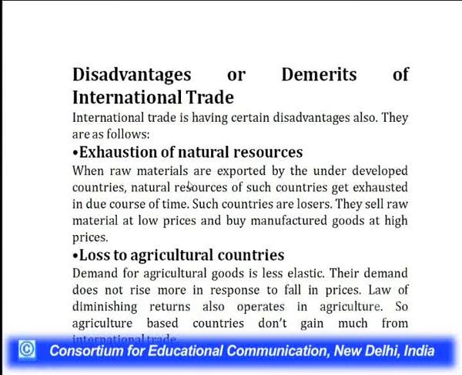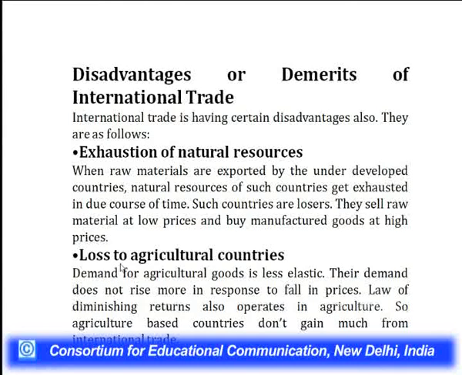When raw materials are exported by the underdeveloped countries, natural resources of such countries get exhausted in due course of time. Such countries are losers. They sell raw material at low prices and buy manufactured goods at high prices.